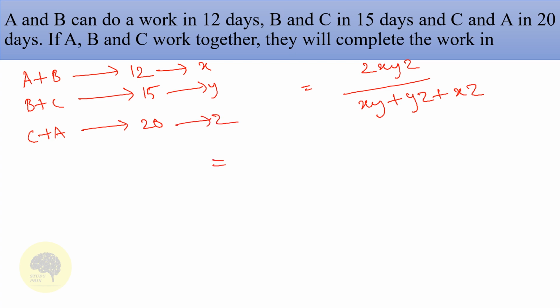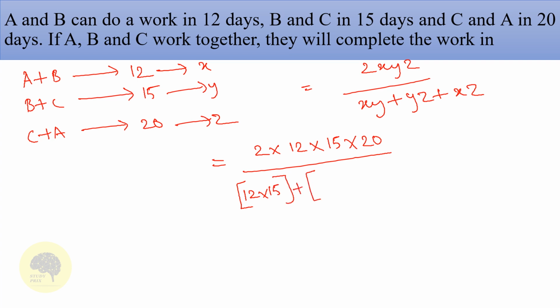Just simply apply in the formula: 2 multiplied with 12 multiplied with 15 multiplied with 20, divided by 20 multiplied with 15 plus 15 multiplied with 20 plus 12 multiplied with 20.